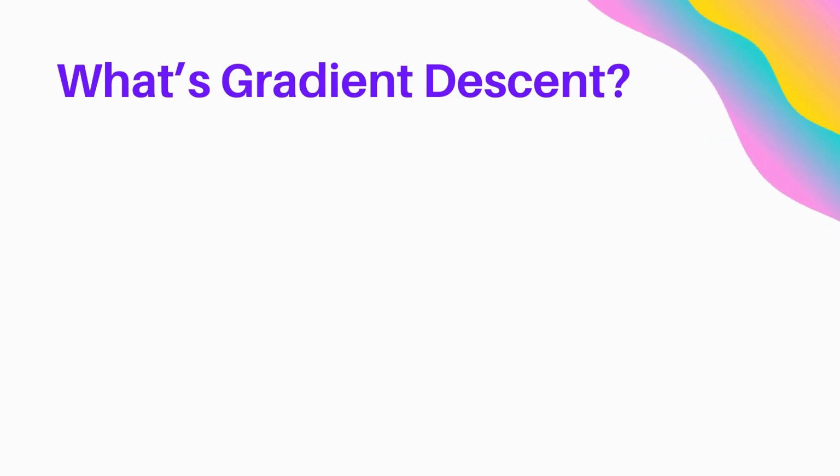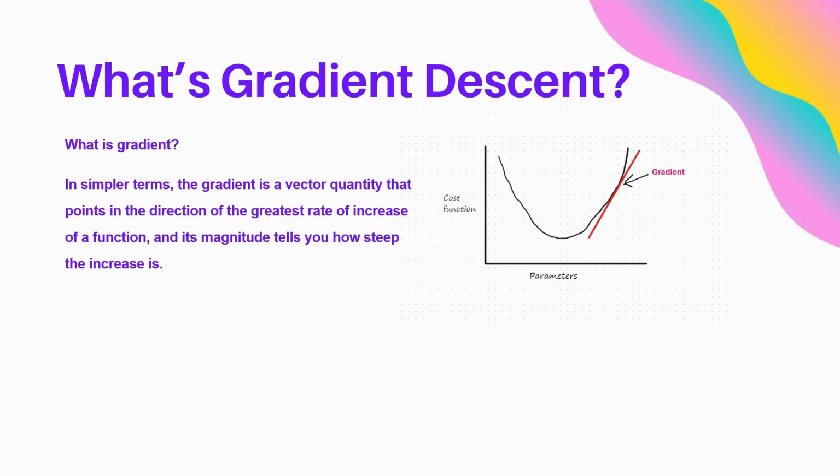In order to understand the gradient descent algorithm, we first need to understand what a gradient is. In simple words, a gradient is a vector quantity that has magnitude and direction. Now we need to understand what we are speaking about when we say magnitude and direction. When we say gradient, we say gradient of a function at any given point.